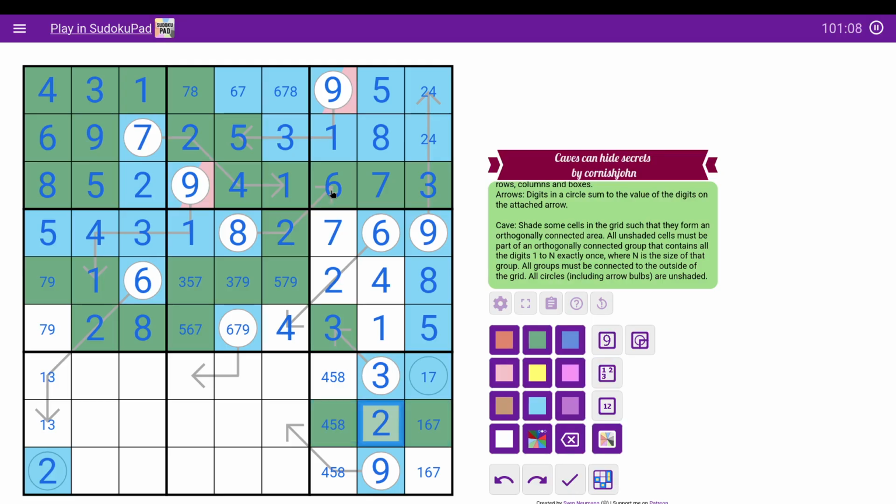Now these two chunks don't connect. If this were a 5 or 8, that would block off this whole chunk, which works fine.